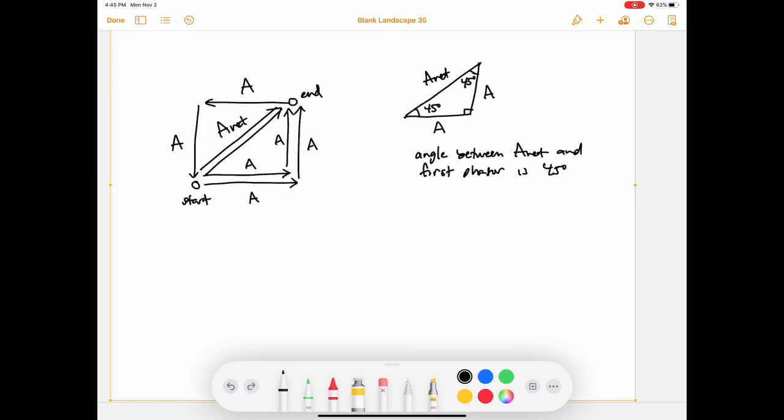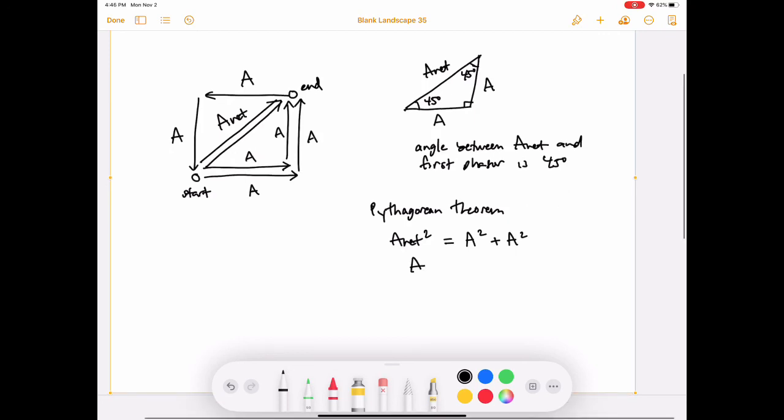So next, if we want to figure out what A net is actually equal to, we can use the Pythagorean theorem. So A net squared, being the hypotenuse, is equal to A squared plus A squared. So that's the Pythagorean theorem applied to the triangle we just drew here.